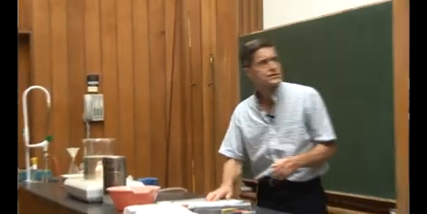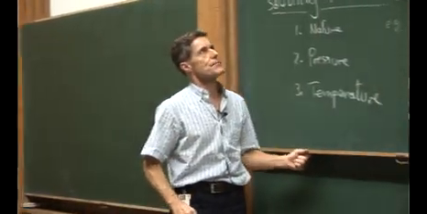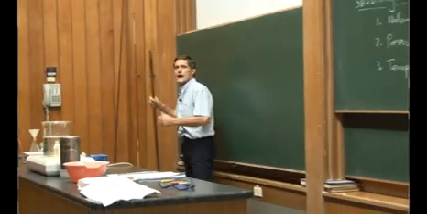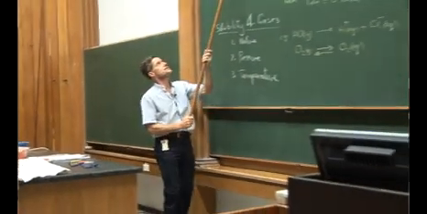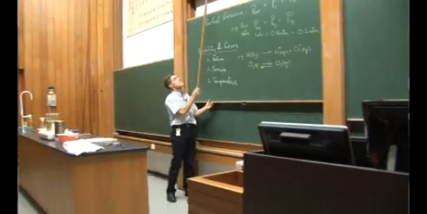Okay, so what I want to do is leave gases for a moment and move a little bit further on to heat change and looking at heat changes in reactions.